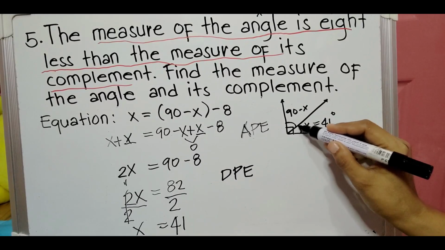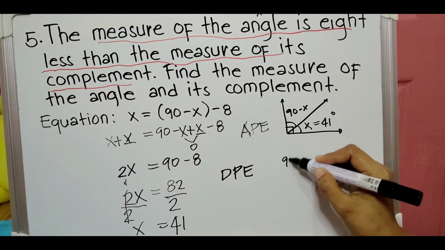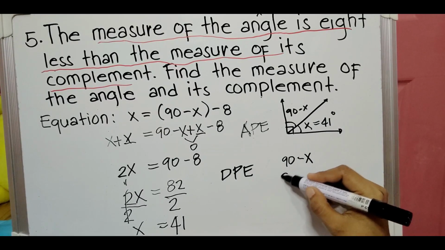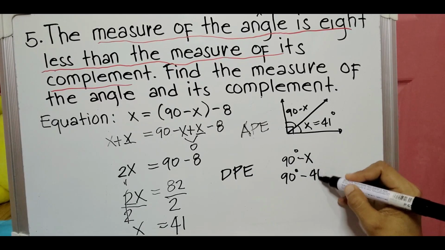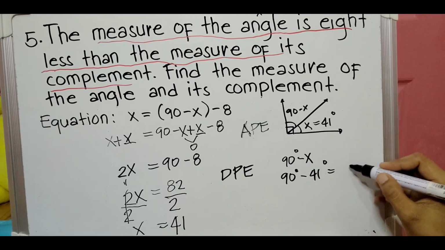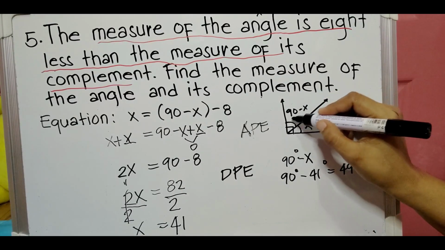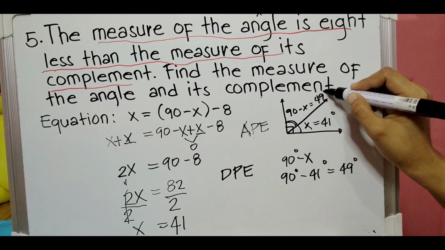Since the measure of this angle is 41 degrees, if you substitute 41 into this expression, you have 90 degrees minus 41 degrees. The answer is 49 degrees. So therefore, this angle here measures 49 degrees.